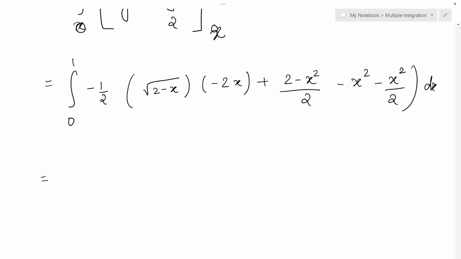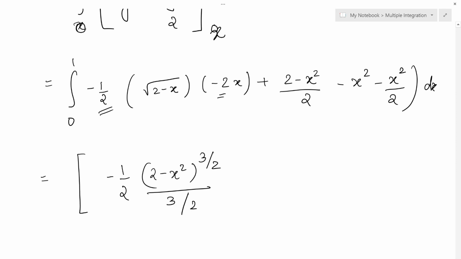Why I have done this minus 2 and plus 2 is because I have to use that formula, n plus 1 upon n plus 1. So if I integrate this, I'll have minus 1 by 2 as it is. The integration for this is 2 minus x square raised to 3 by 2, plus x minus 2x cube by 3. The limits of integration are 0 to 1.